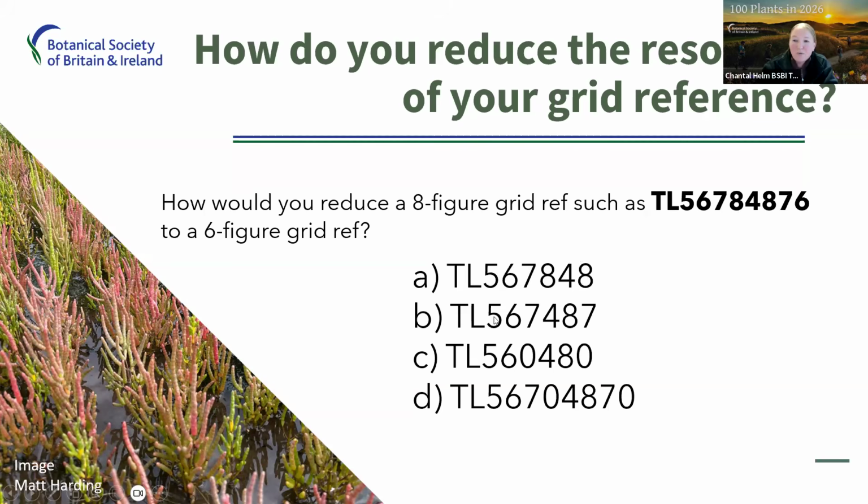If you want to reduce the resolution to 6-figure, you need to take the last easting, so remove the 8, and the last northing, so remove the 6. So this B would be the correct 6-figure grid reference.